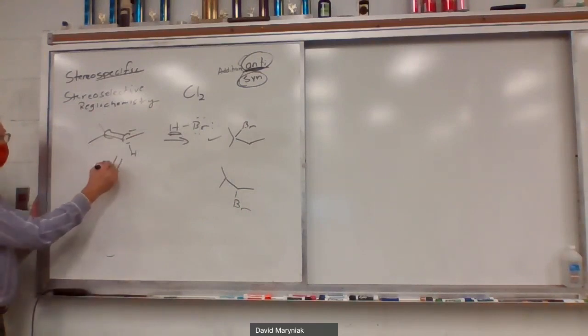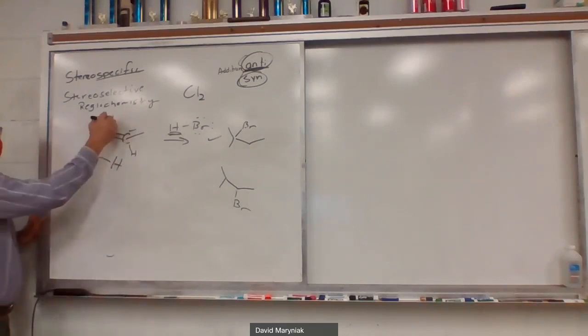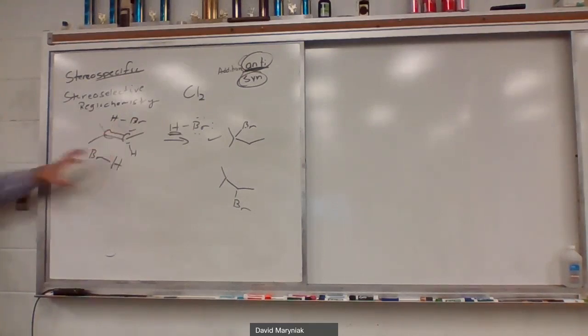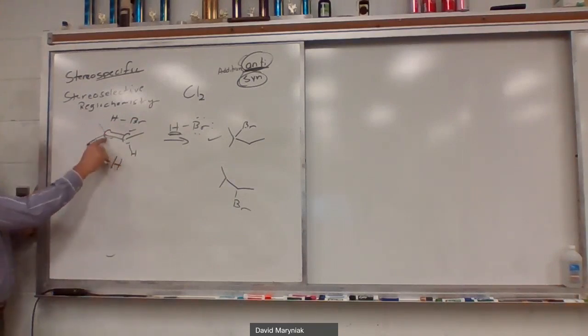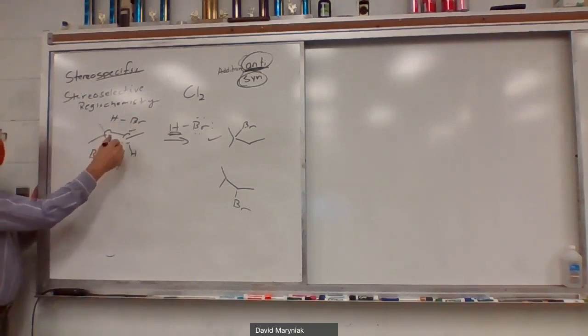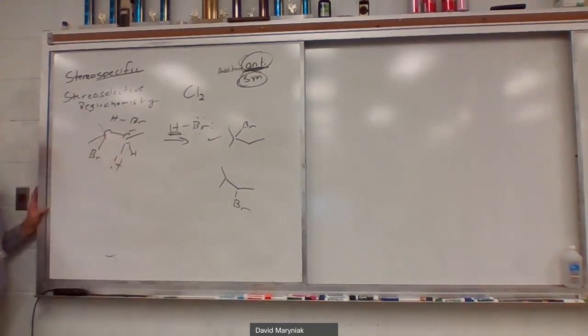So preferentially, is that the orientation that they'll add, or is this the orientation that they'll add? Like this. Because this C has an H, this C doesn't, so this C gets the H, this C therefore gets the Br, and so you would just do that, and you've got your product.